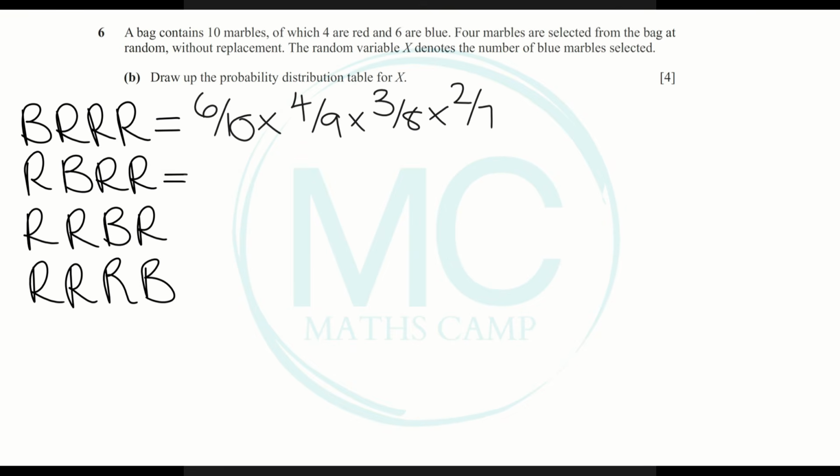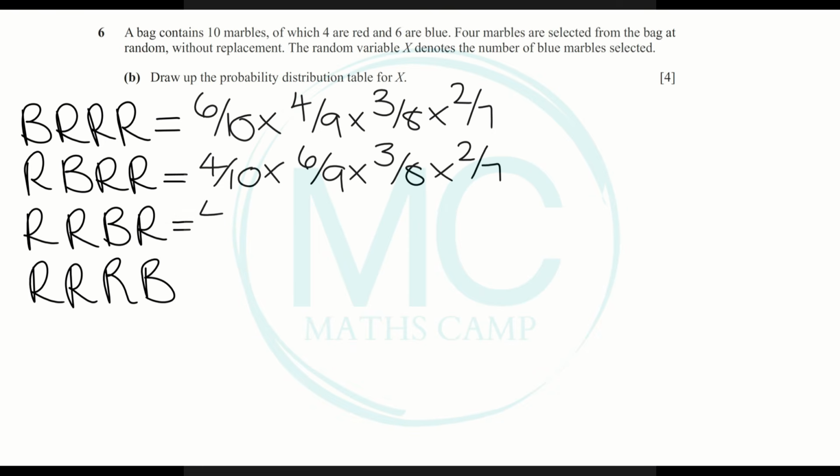Let's look at our second option. 4 red marbles out of 10, and we still have all 6 blue marbles, 6 out of 9, and 3 out of 8, and 2 out of 7. Let's see what happens if our third marble is blue.